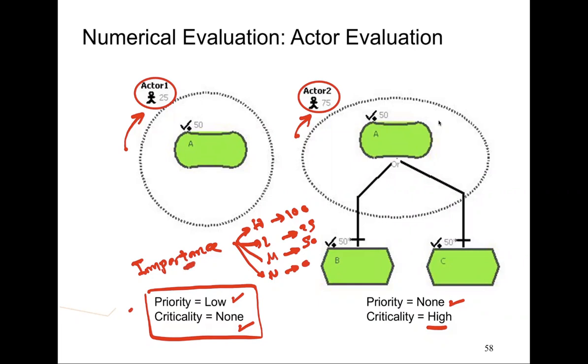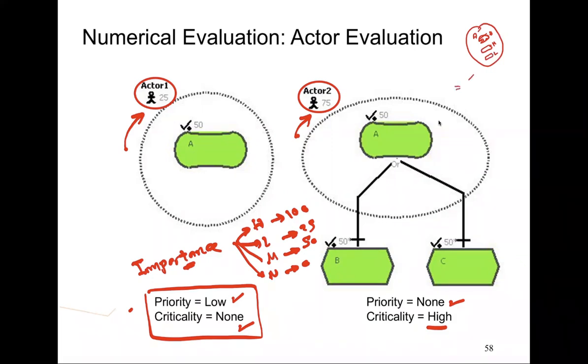For a certain actor, assume this is actor A, and it has a lot of soft goals. In each soft goal, this one is importance high, this is importance medium, and maybe this importance would be low. How do you calculate the satisfaction level of an actor?